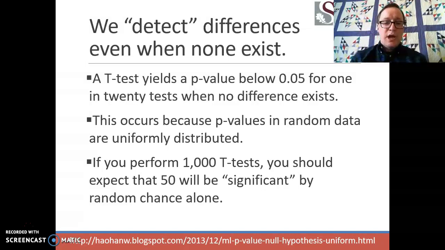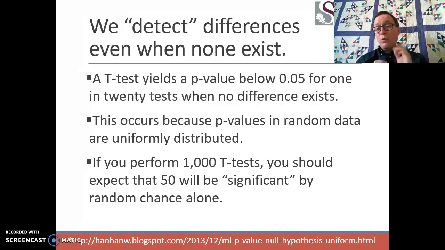Important. Okay, now that happens because when you have random data that are drawn from the same distribution, they're normally distributed, they have the same mean, the same standard deviation, the p-values that come out of those tests should be uniformly distributed, meaning that there's just as many values between 0 and 0.05 as there are between 0.05 and 0.1, as there are between 0.1 and 0.15, etc. That's uniform distribution.